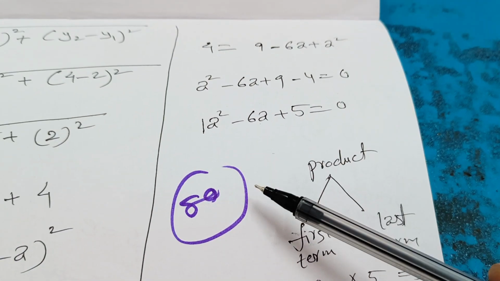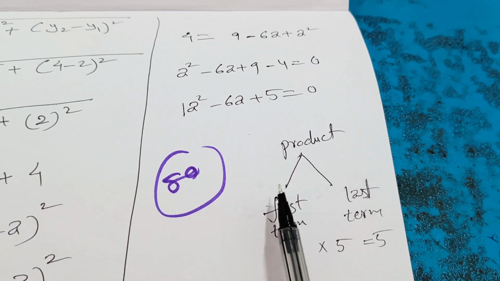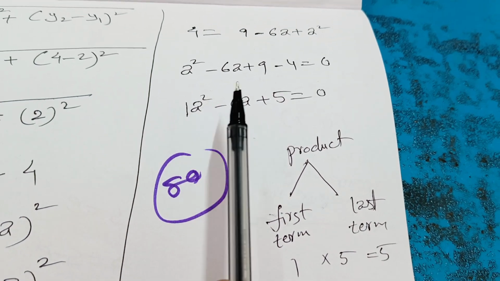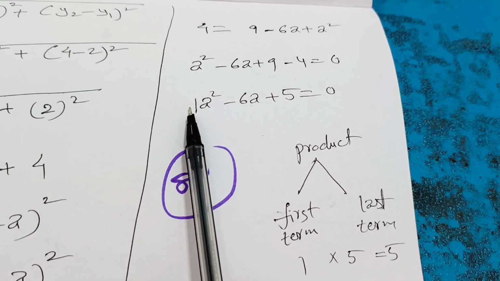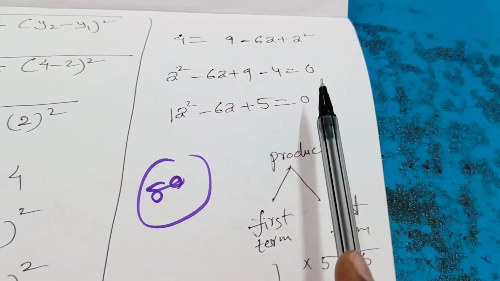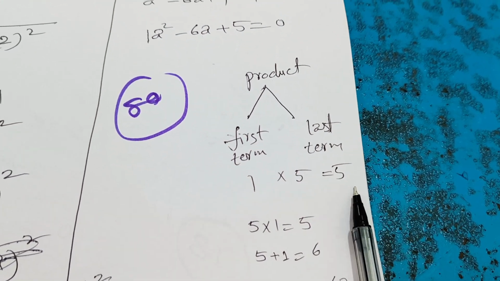Here we have to find the factors. So we are taking the product of first and last term. Here we are taking the coefficient of a square. In this equation the coefficient of a square is 1 and the last term is 5. So 1 into 5 is equal to 5.